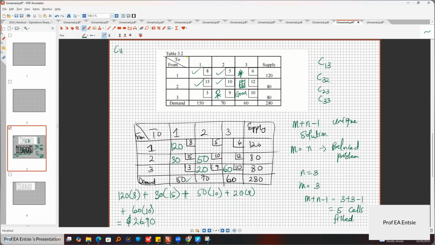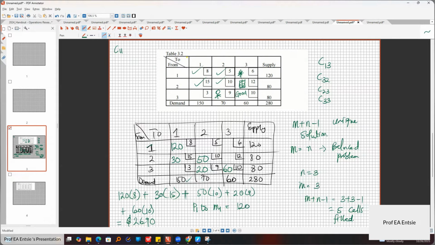So it means the number of concrete I can transfer from my plant one to mine one is 120 concrete.